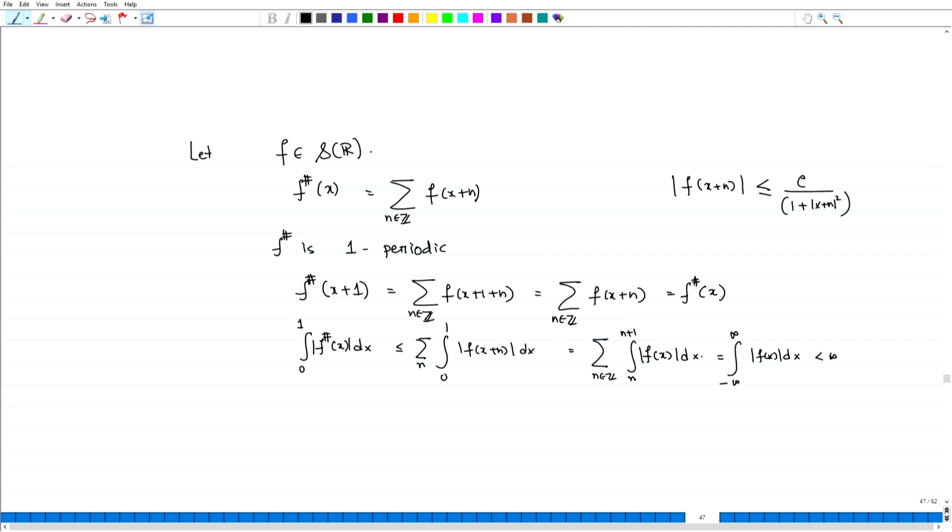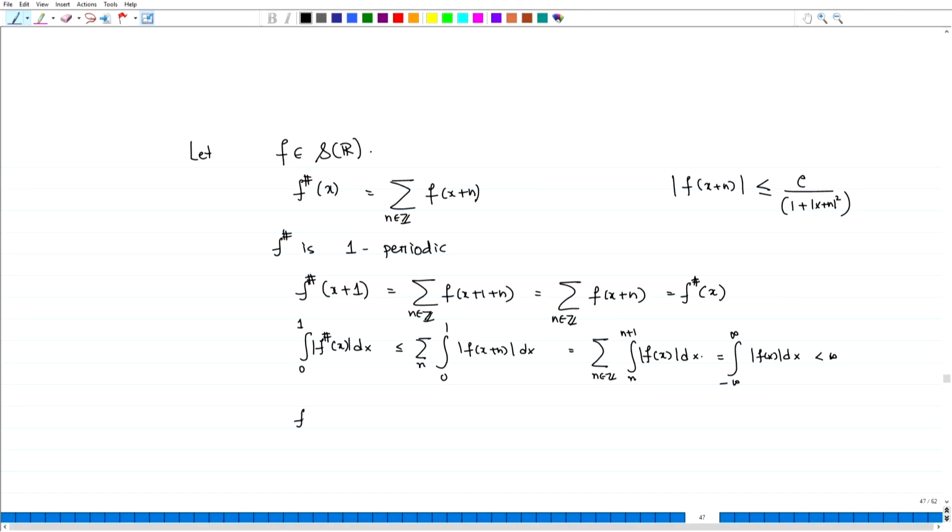So now f sharp, as a periodic function, is also integrable. Therefore, we can talk about the Fourier coefficient of f sharp, because we are looking at it on 0 to 1.